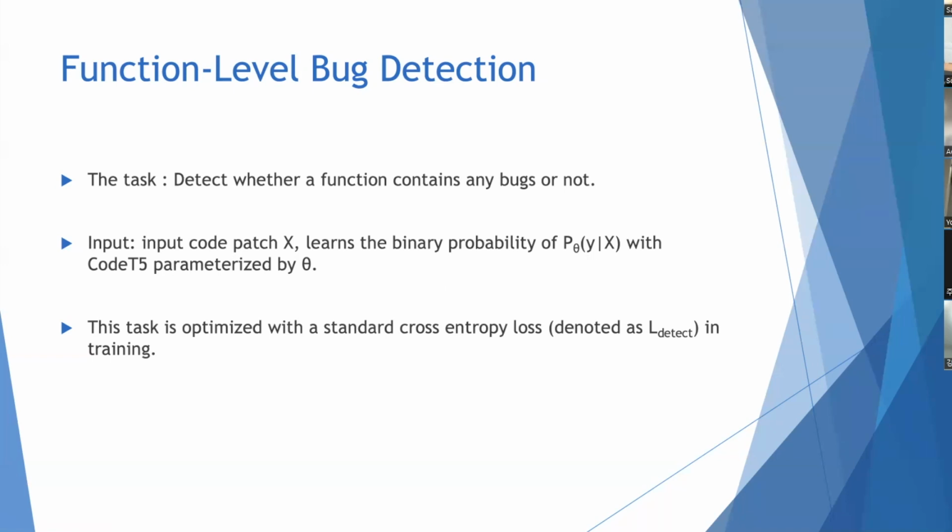If y is equal to 1, then there exists a bug in the given function. And if it's 0, then there is no bug in the given function. It is parameterized by CodeT5, theta. This task is optimized with a standard cross entropy loss, denoted as L_detect, in the training.